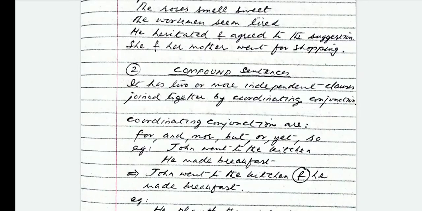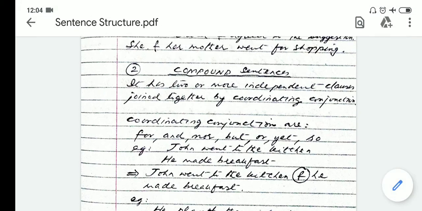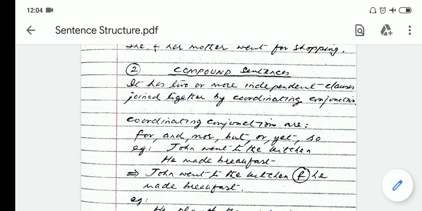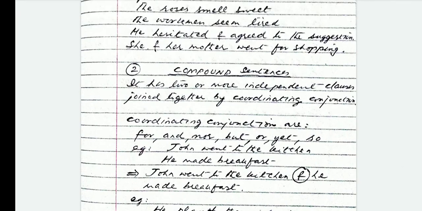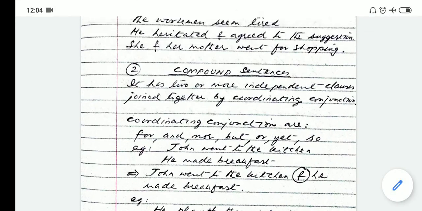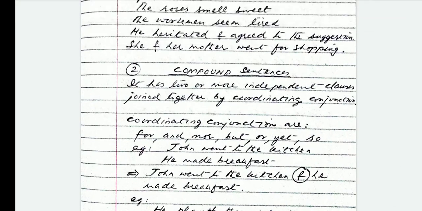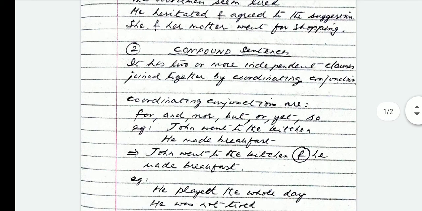We all know what conjunctions are, and these are the coordinating conjunctions: for, and, nor, but, or, yet, and so. These join the two sentences.